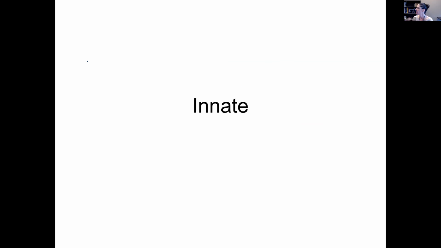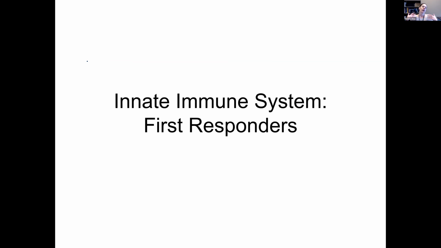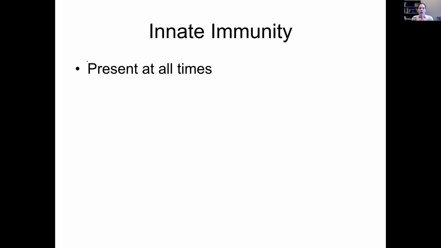So, innate immunity. What does it mean to have something that is innate? Innate immunity for us is the first responders. Innate immunity is present at all times. I'm going to use the idea of first responders versus specialists in a hospital.